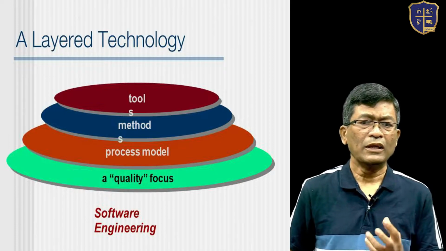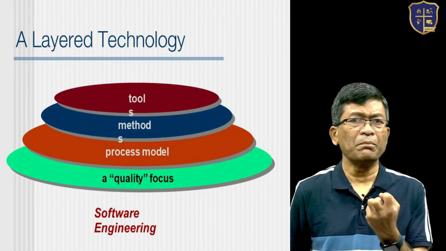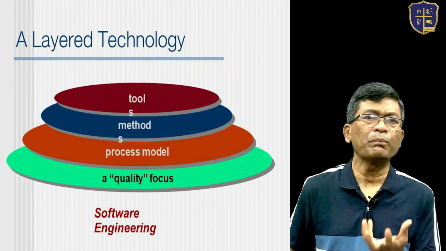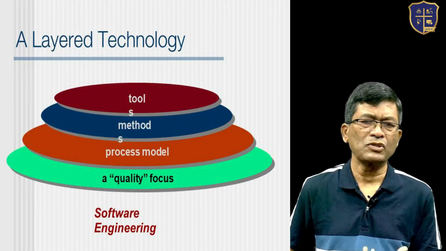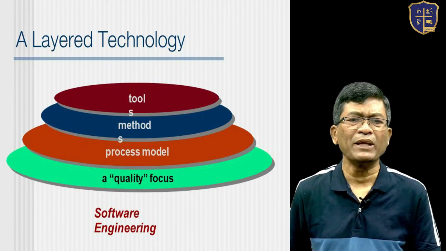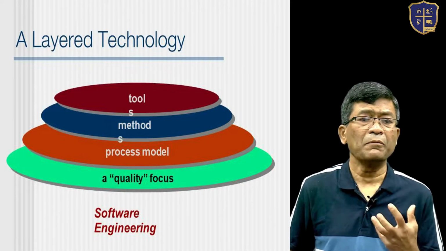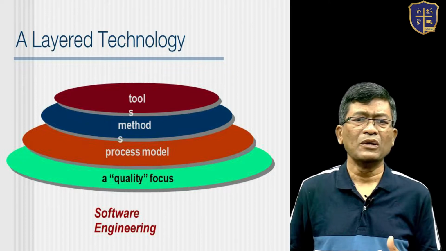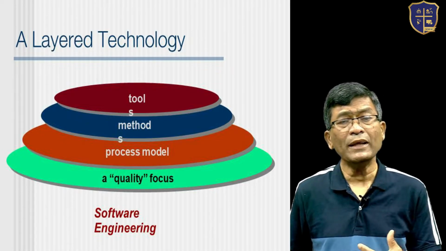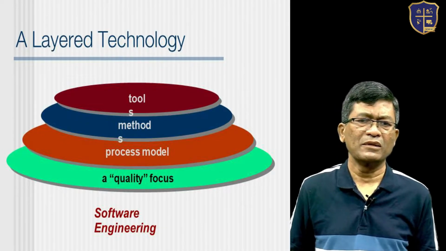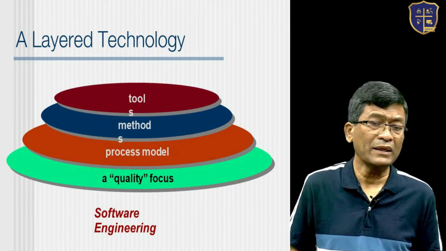And of course, the quality is brought up by a very good process model, a process which has the steps to be done. The different phases are well defined, and these phases or steps are using different techniques or methods, the way to do things, the tasks.